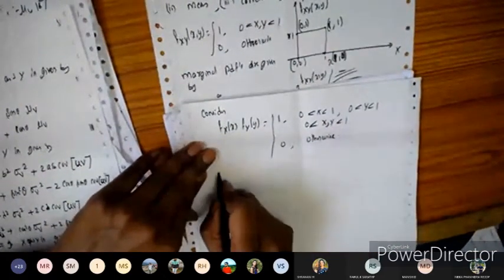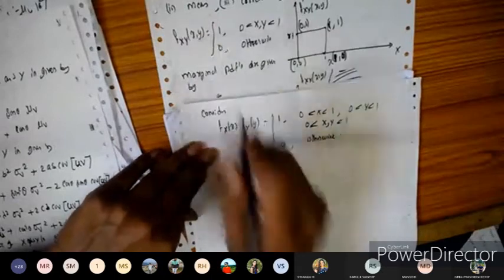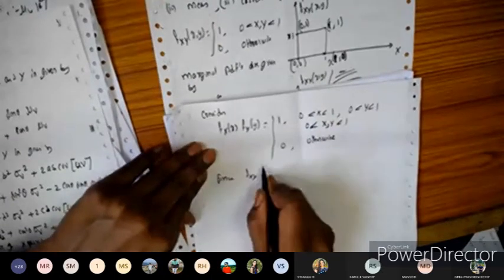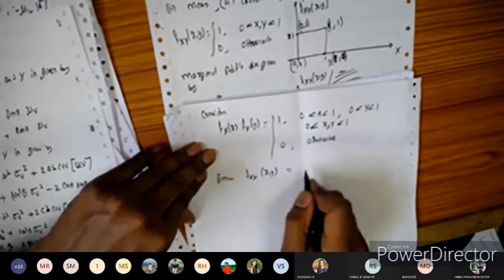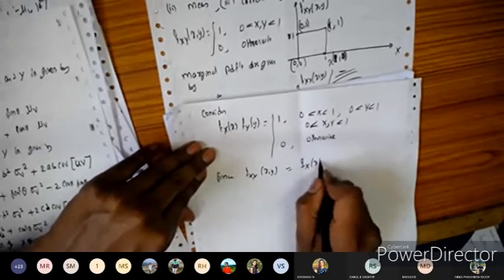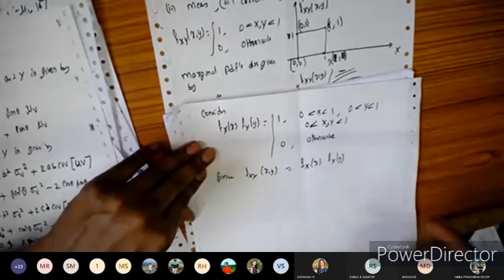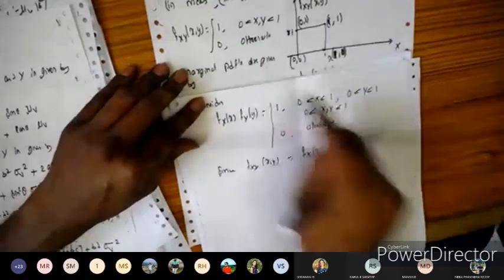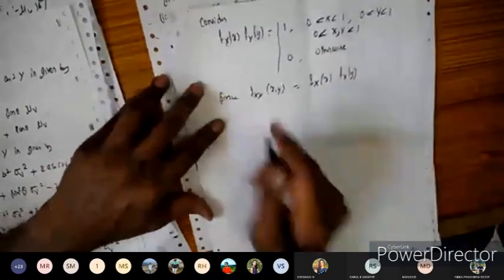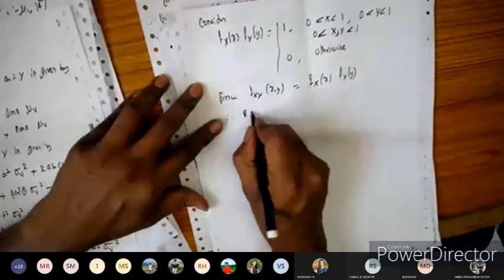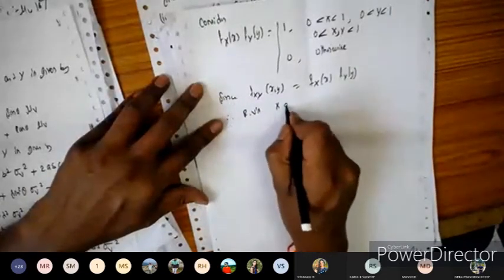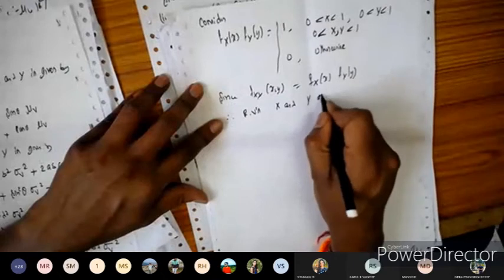So since fXY(x, y) is equal to the product of fX(x) and fY(y), if you compare these, we can say the random variables X and Y are independent random variables.